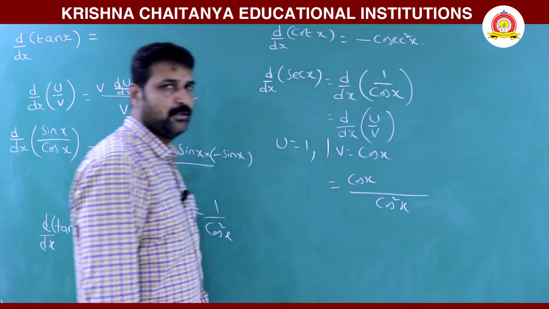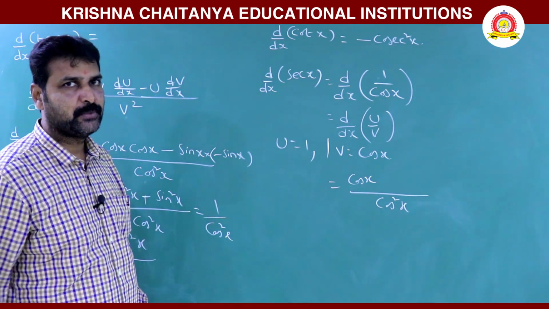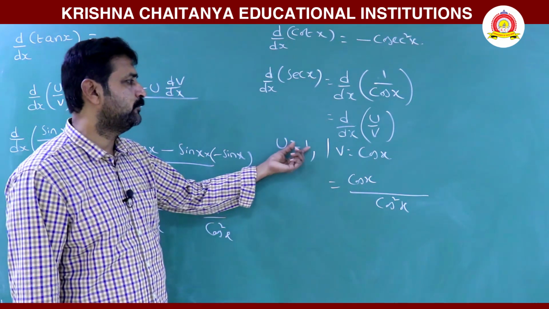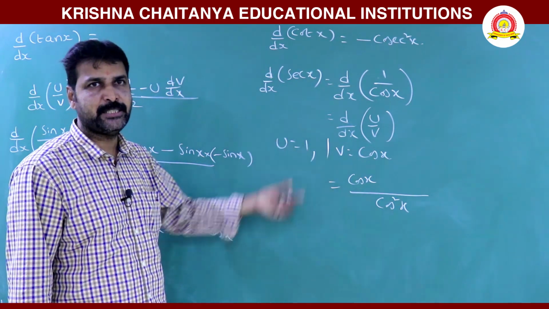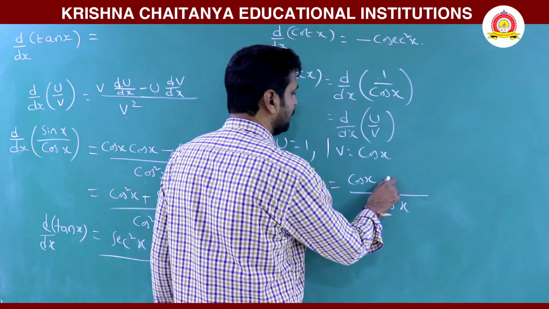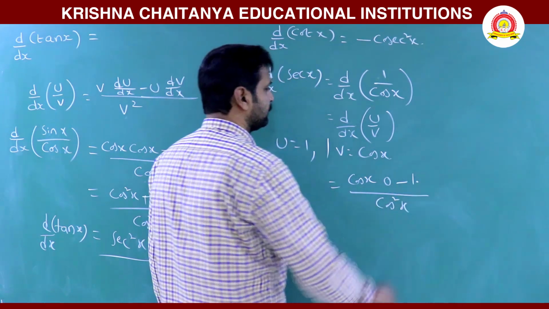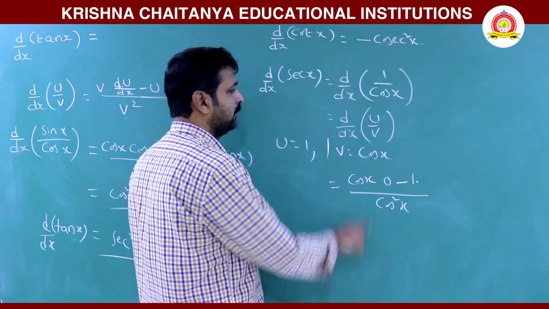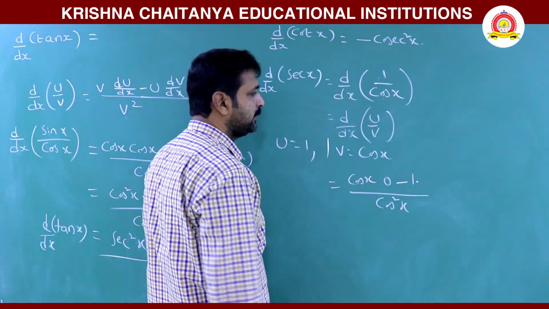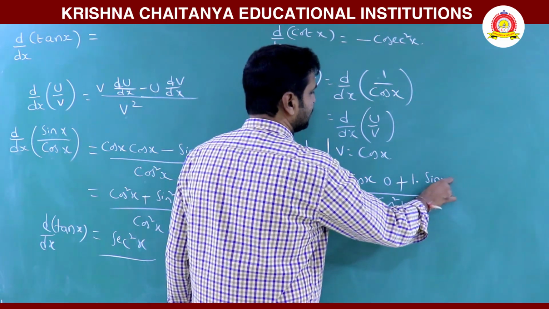where u is 1 and differentiation means change. Now you are asking, the change for a constant, does the constant change? No, that means differentiation of 1 is 0, minus 1 into, now you are differentiating v, dv by dx, that means cos x, whose differentiation is minus sin x, so minus of minus gives plus sin x.